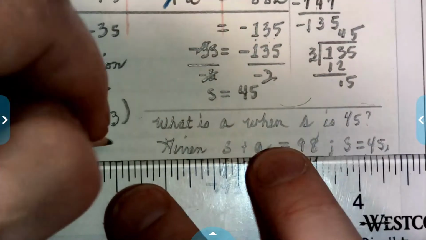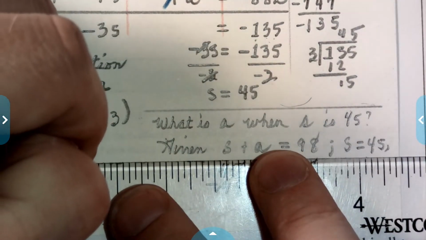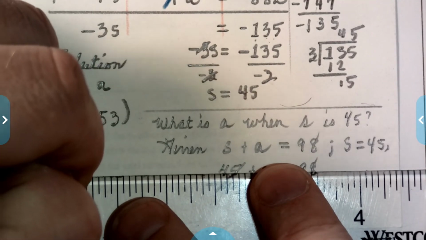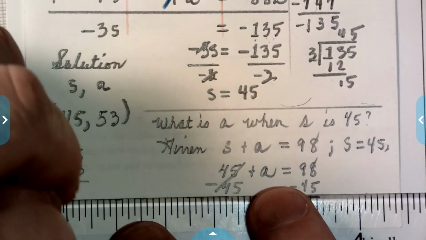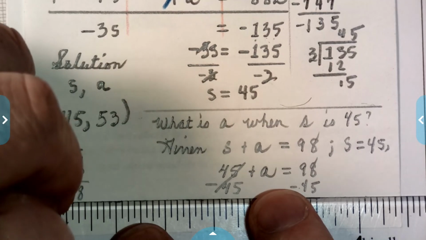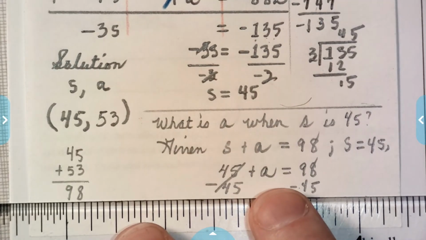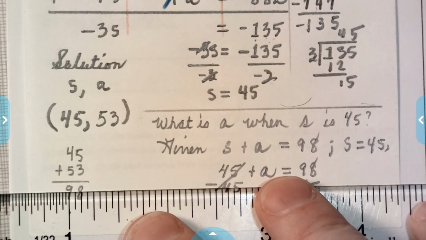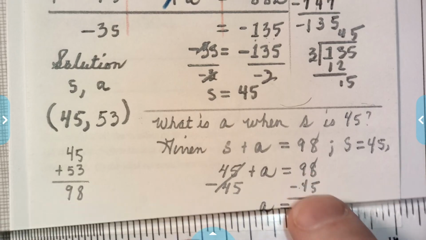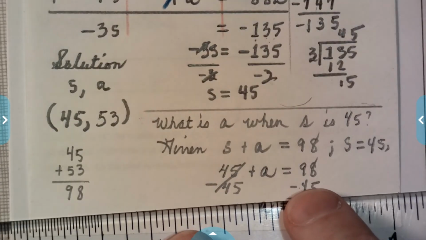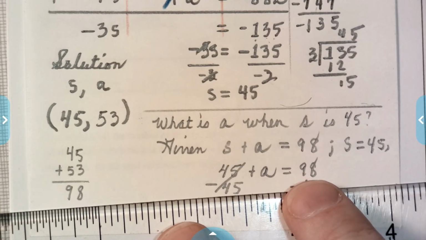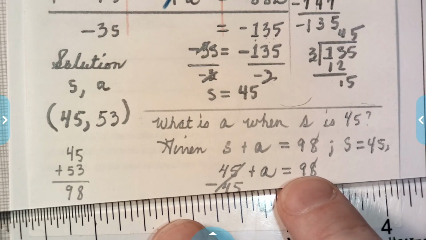And we should probably check, does 45 plus 53 equal 98? Yes, it does. And to save ourselves a little time, we really shouldn't be doing this. In fact, I almost don't want to do that.